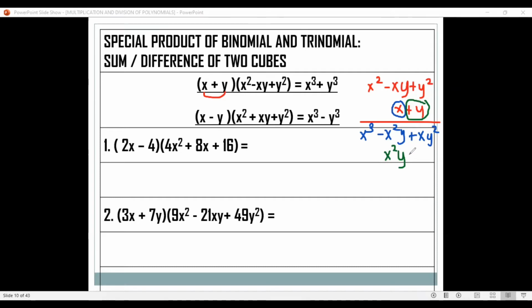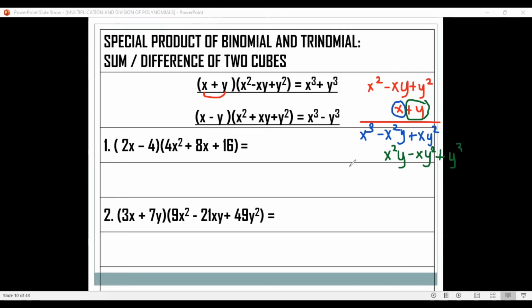Again, we have to write it below the term which is similar to it, which is the positive xy squared. And you have y multiplied by y squared, so the answer is positive y raised to the third power.